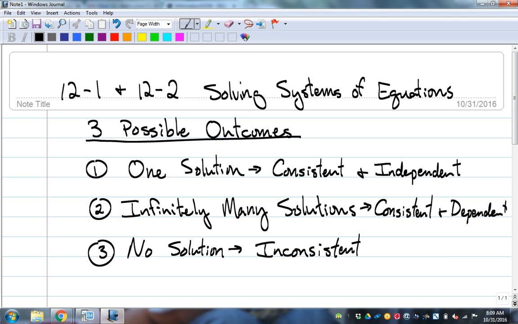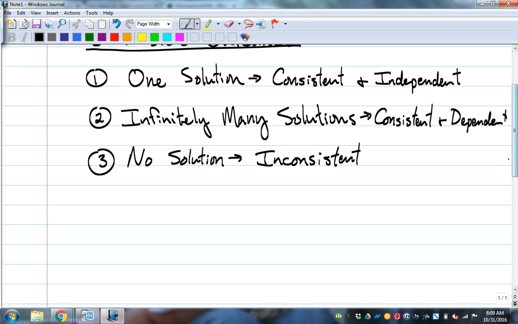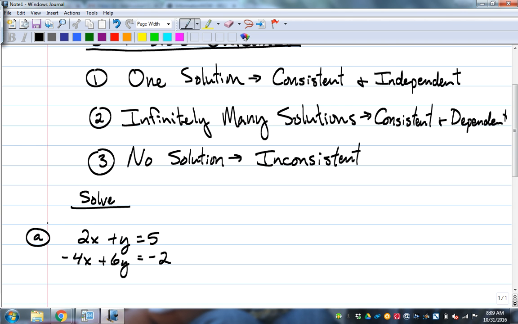All right. So when we talk about systems of equations, if we're talking about two variable systems, so something like 2x plus y equals 5 and negative 4x plus 6y equals negative 2. There's a system of equations.